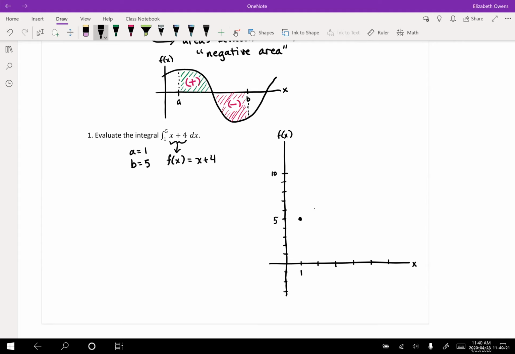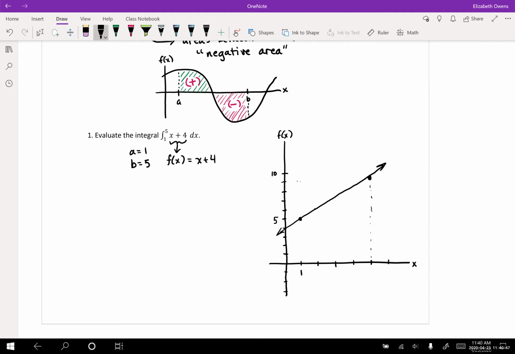And we want to go 2, 3, 4, 5. That would have a y value of 9. Super fun graphing, good times. So our function here would be this line.